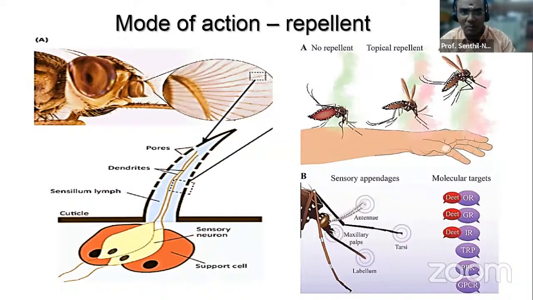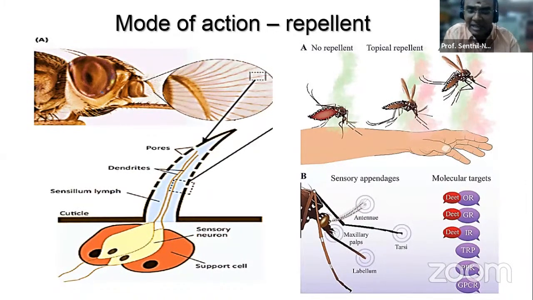And the second most important thing is the mode of action of repellent. So if you apply that particular extract onto your skin, this plant extract does not produce any irritation or any side effect to the human body, especially the skin. So it looks like a lotion, but it has a severe repellent activity against this mosquito. So the mosquito sensilla is unable to perform its task.